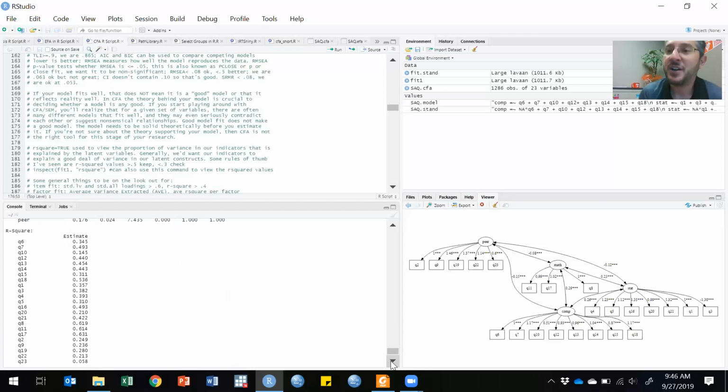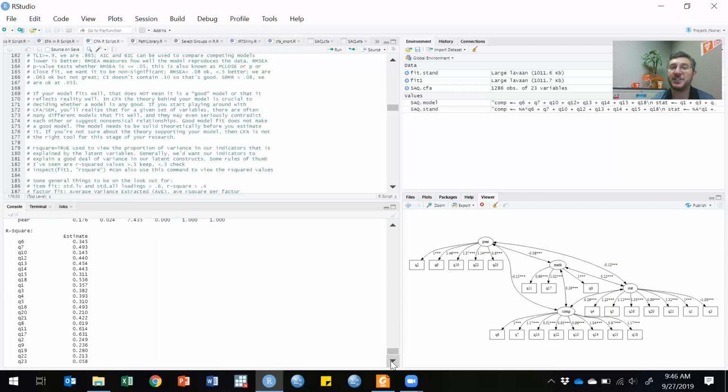We think of the variance in the variable as the common variance that's shared between it and the factor, and then unique variance that's unique just to that variable, and that unique variance can be separated into error variance as well.